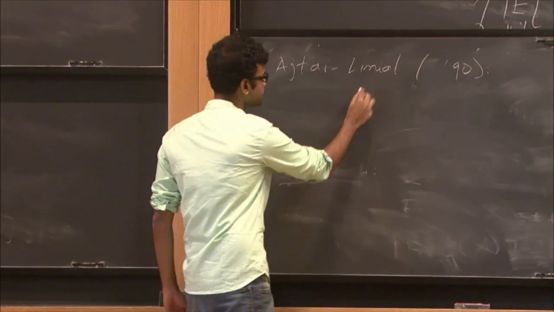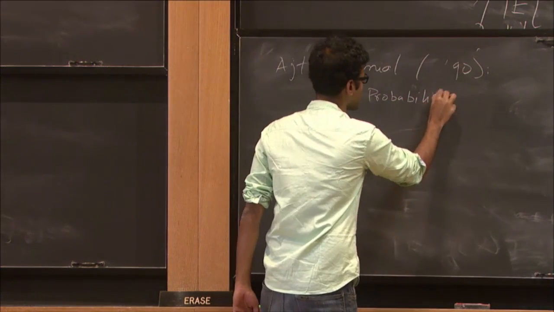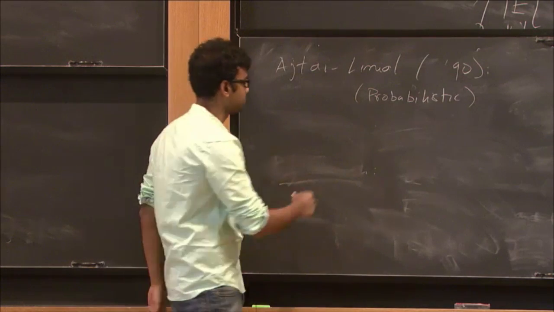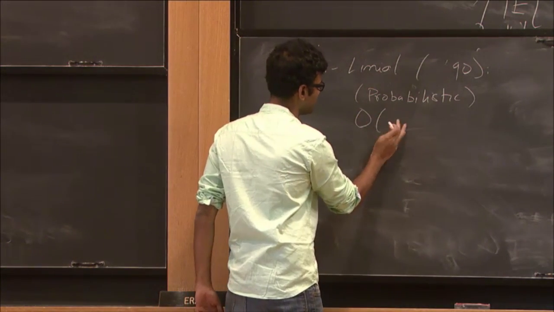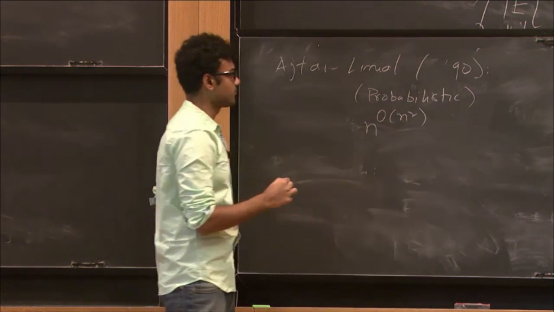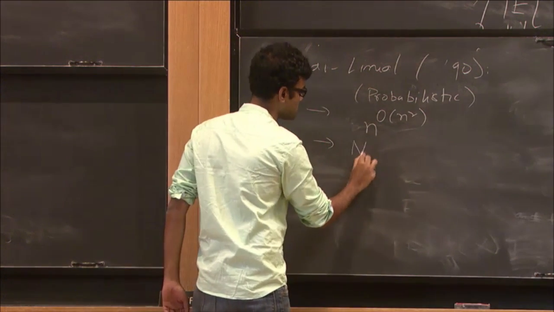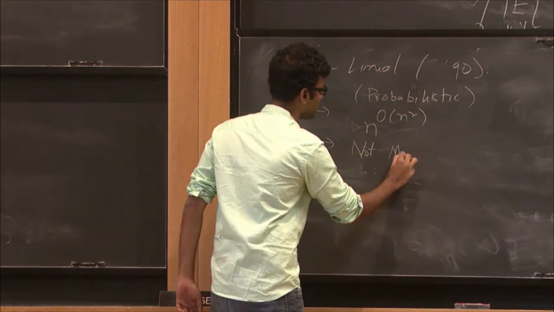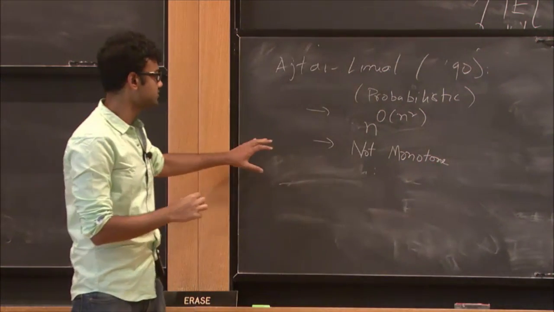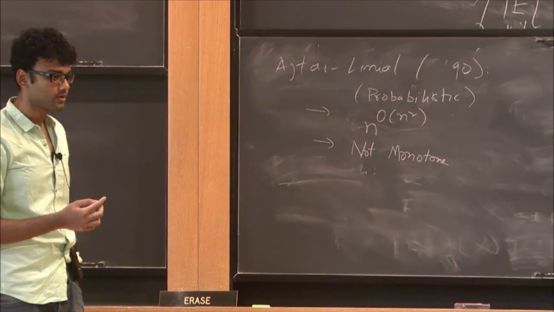This is a probabilistic construction, and the naive de-randomization takes n to the power of order n squared time. And also it's not monotone. So it's not direct how to use this function.